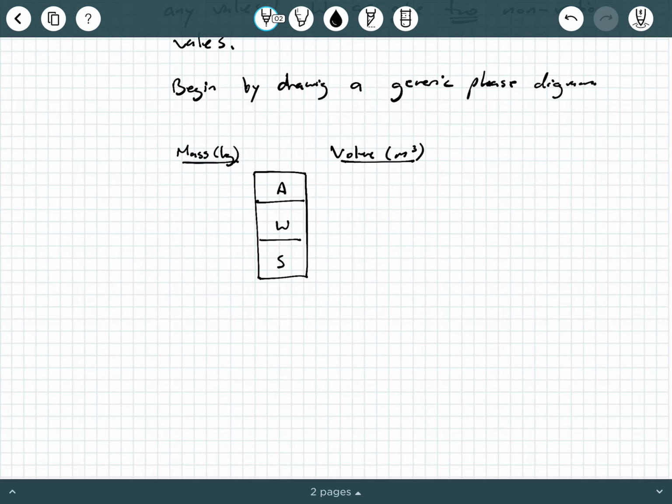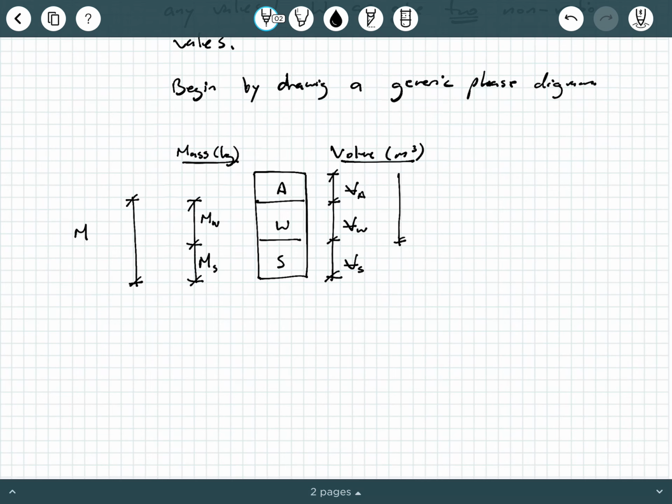Let's populate this. On the mass side, we have a mass of water and a mass of soil solids, and we also have the total mass. On the volume side, we have a volume of air, a volume of water, and a volume of solids.